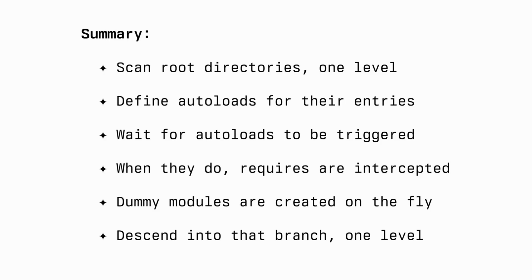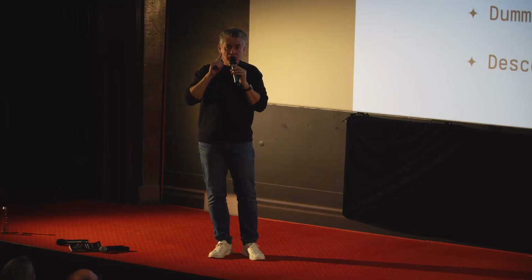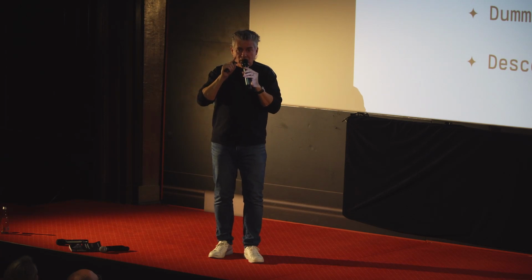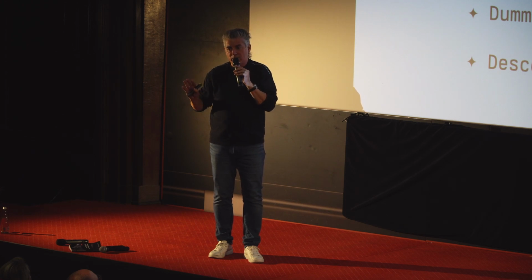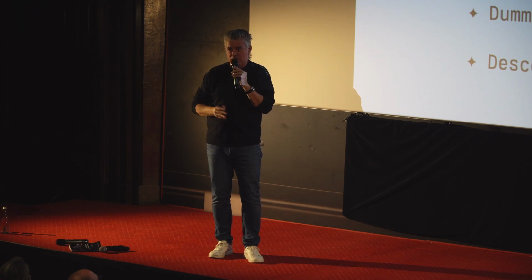So if you have, I don't know, 100 namespaces, but you only use one namespace in one particular request, we are going to descend only one level on that namespace. The rest of the 99 directories have not been visited, okay? So Zeitwerk tries to be as lazy as possible all the time.